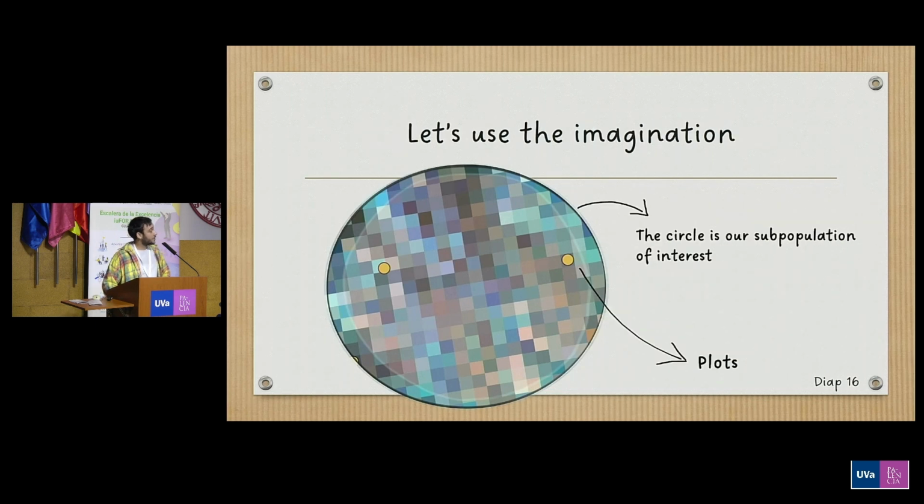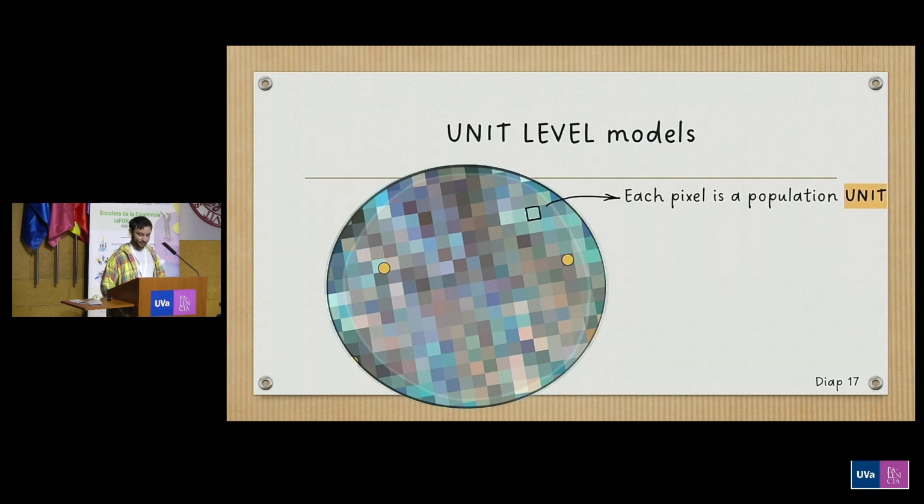And in this toy example, the circle is our subpopulation of interest, and the plots are the yellow dots. In the unit level models, each pixel is a population unit.